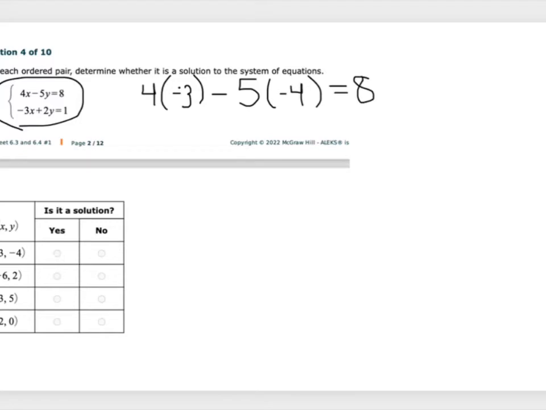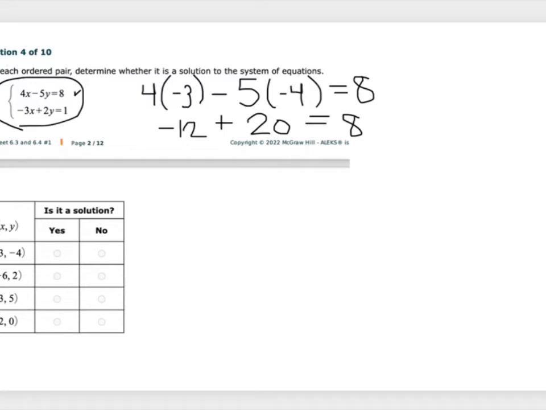So we check it out. Negative 12 plus, because it's a negative 5 times a negative 4, so it's a plus 20, is 8. Oh, that is correct. So we know that this point works with this one.